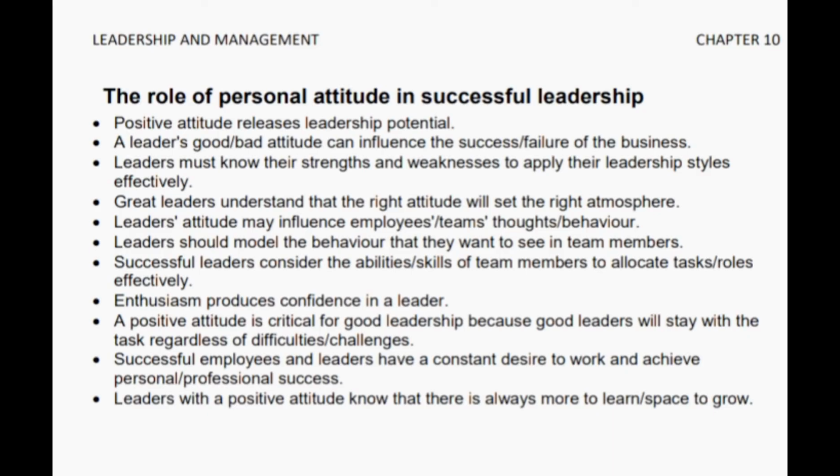Now we are speaking of the role of personal attitude in successful leadership. We are speaking about the attitude of the employees, of the management or the leadership. Leaders' attitude may influence employees' behavior.